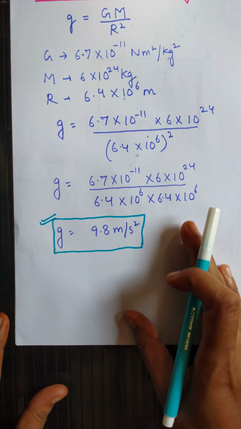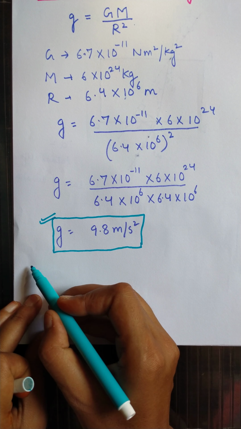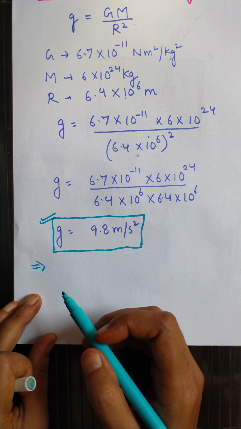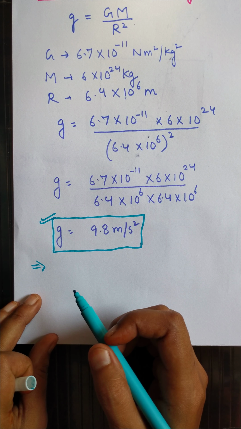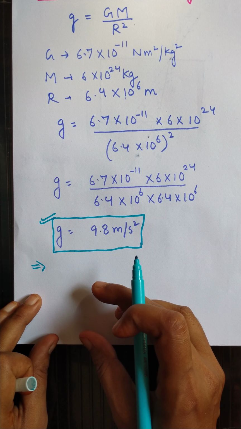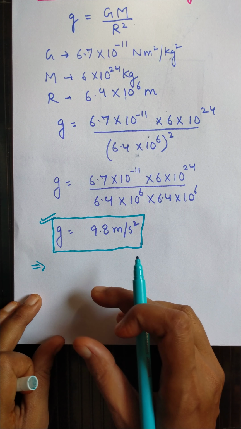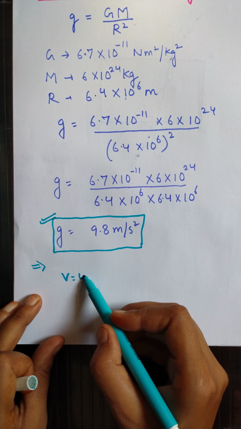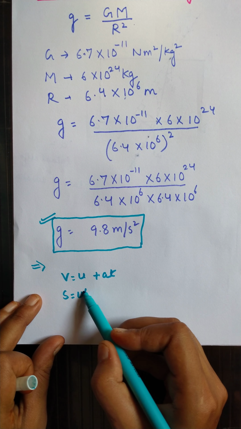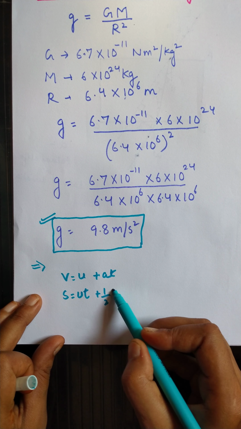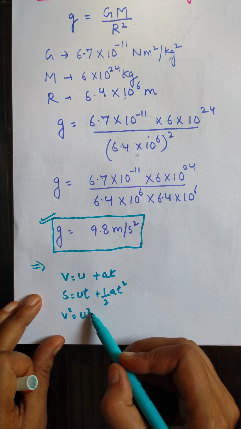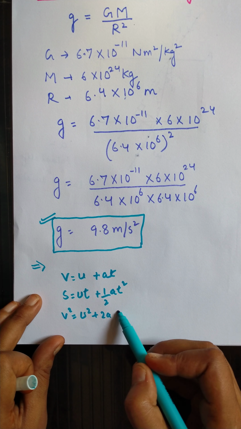Now the next thing that I want to tell you is that in translatory motion we have derived the three equations of motion, that is v is equal to u plus at, s is equal to ut plus half at square, and v square is equal to u square plus 2as.